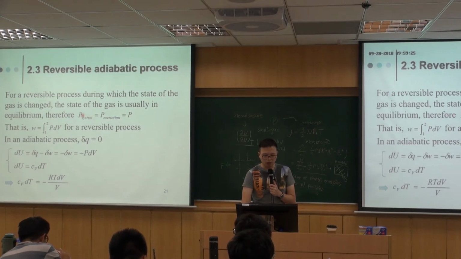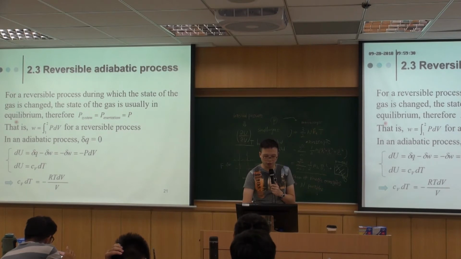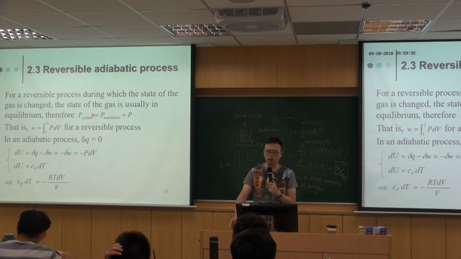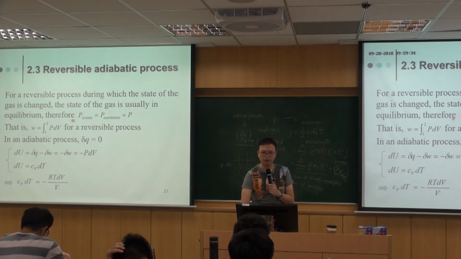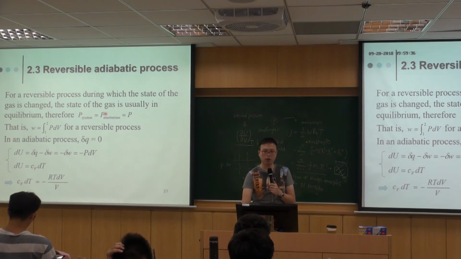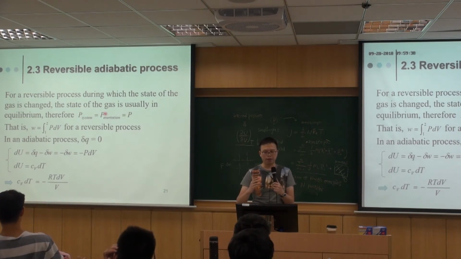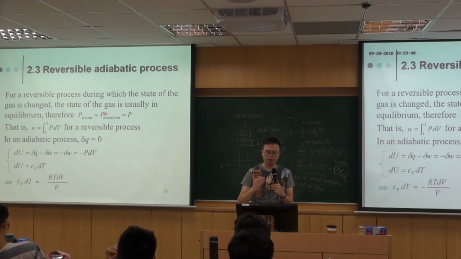The reason we want it to be reversible is because we want it to be in equilibrium with the external force, for instance. So the pressure of the system is the same as the pressure acting from outside, and they're always the same.